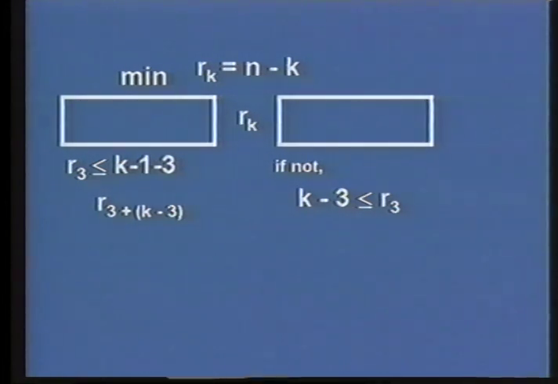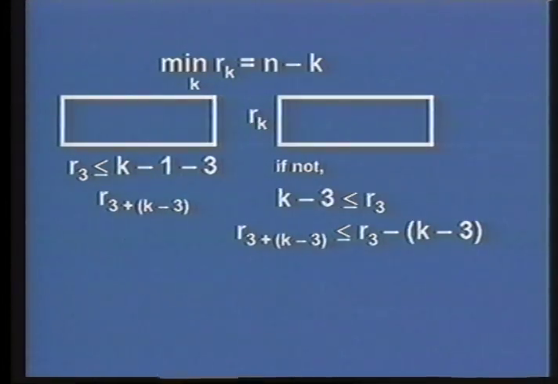This is R3, and so then it would say that R sub 3 plus k minus 3 is less than or equal to R3 minus I. But that's less than or equal to n minus 3 minus (k minus 3).